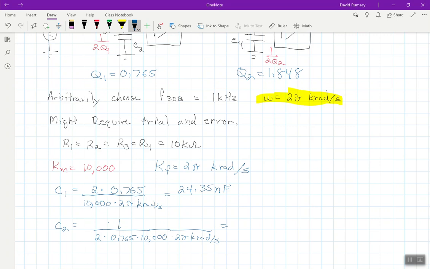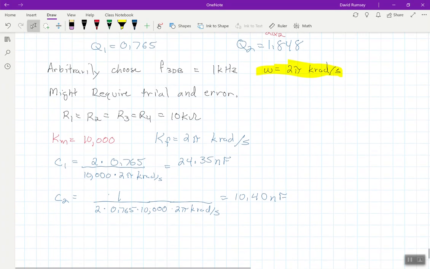And I get 10.40 nanofarads when I do that one. And now C3 and C4 are done the same way, except now my Q factor is 1.848, divided by 10,000 times 2 pi kilorad per second. And let's go ahead and do that computation.